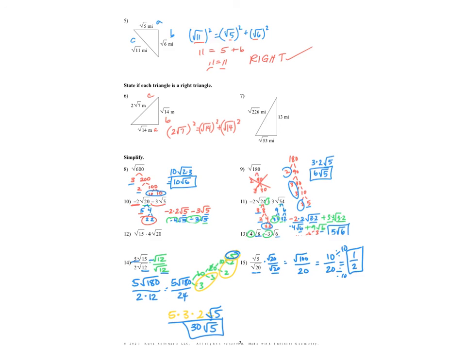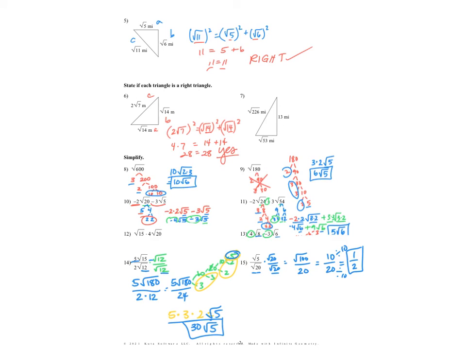Okay, 2 root 7 squared, you square the 2 and you square the root 7, which is going to be 7. Then, when you square these, you get 14. 4 times 7 is 28. 14 plus 14 is 28. So that is a right triangle.